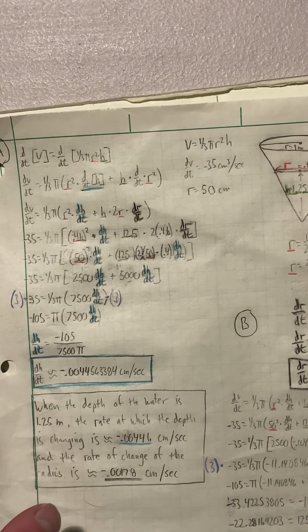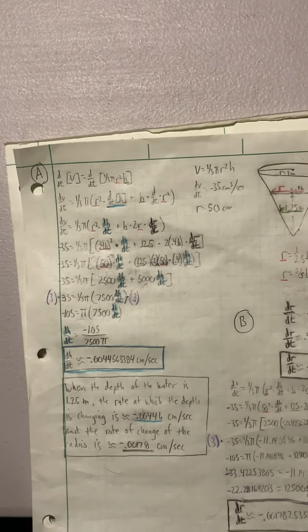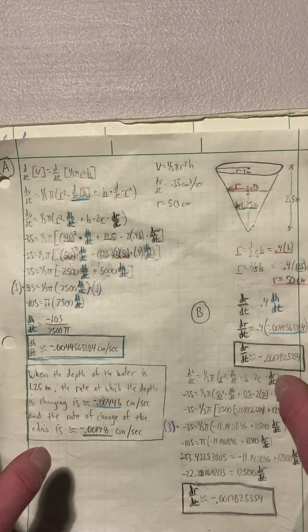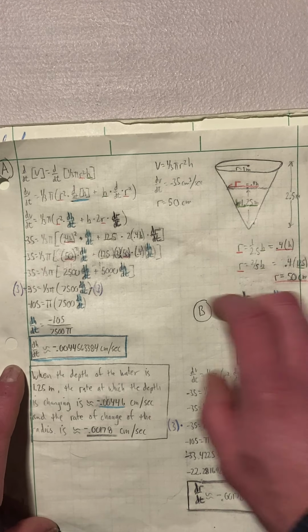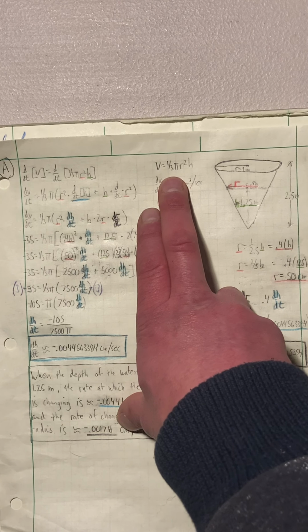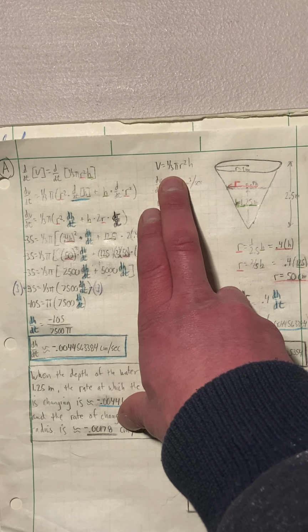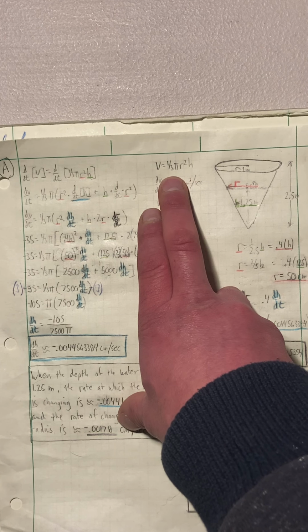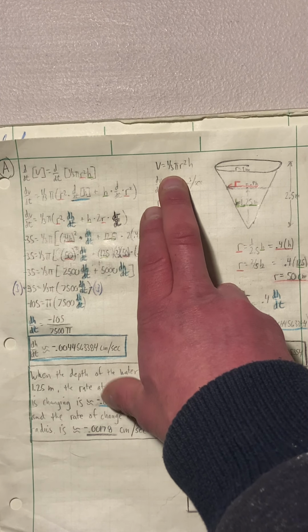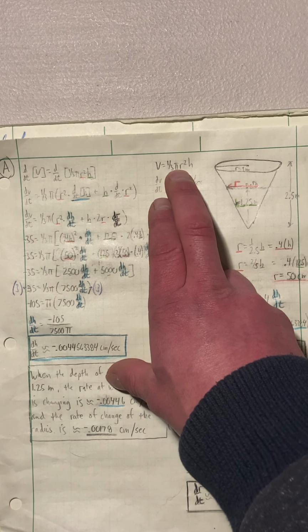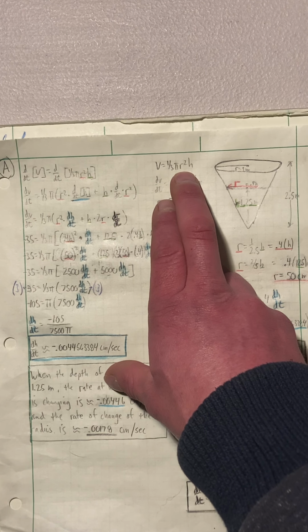Now we can use those values in our formula. To get these rate values, we're going to take the derivative of the formula for the volume of a cone, which is 1/3 pi times radius squared times the height, or the depth.